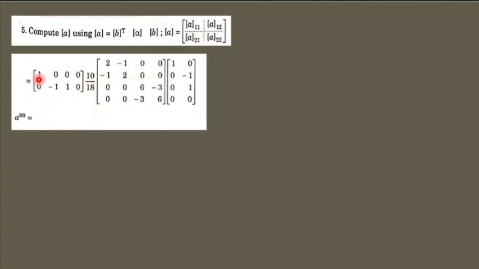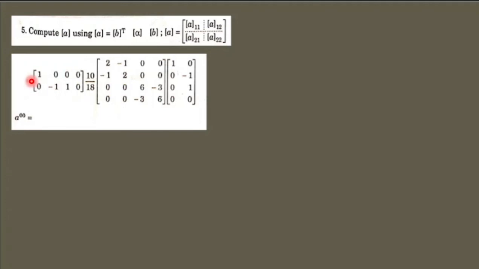Okay, then first row into second column, 1 into minus 1 will be minus 1. So in the next matrix you write minus 1. Rest of the things will be 0. 0 into 2 will be 0, 0 and 0.